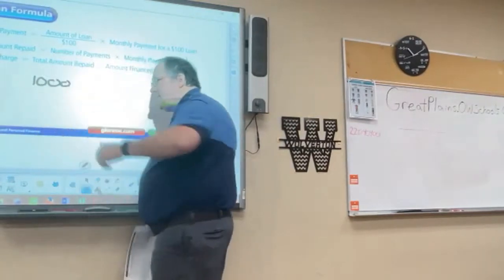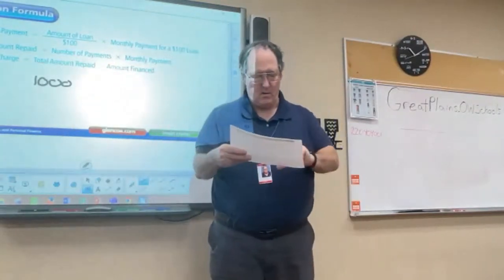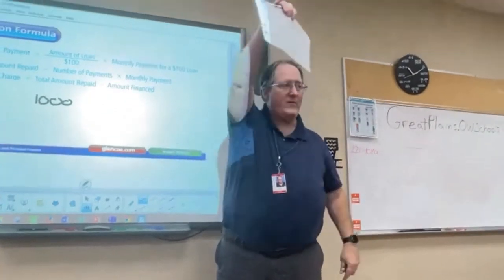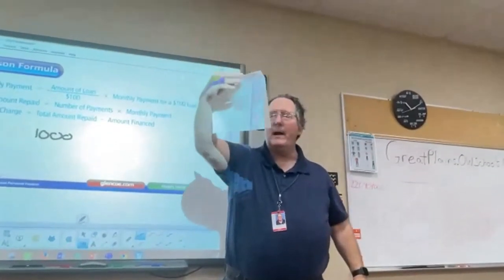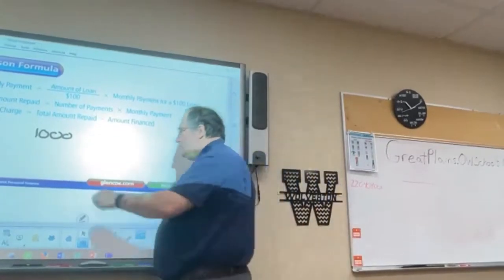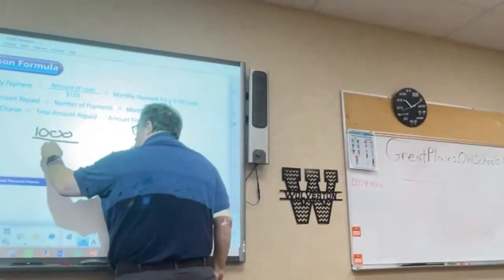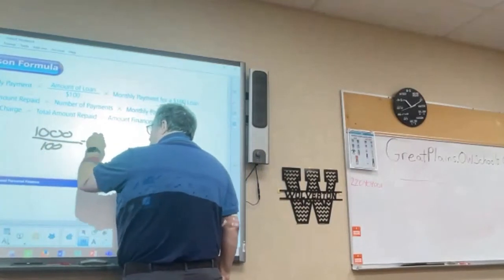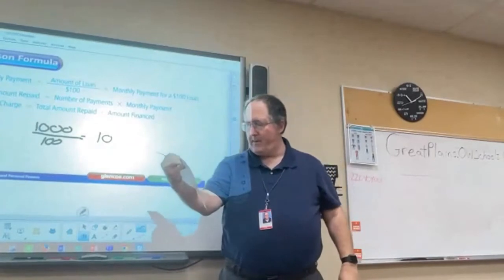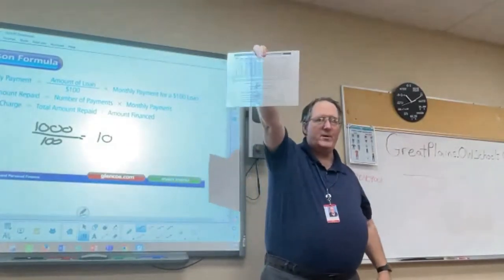So again, you look up here, amount of the loan is $1,000, and the next step is you divide by $100. So this number is 10, right? And then you look up here for the monthly payment per 100.